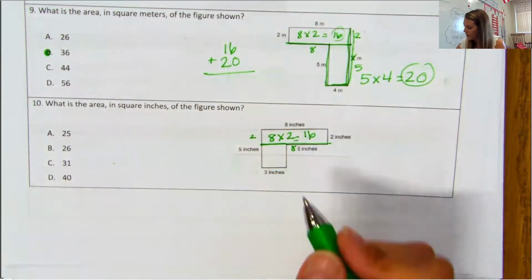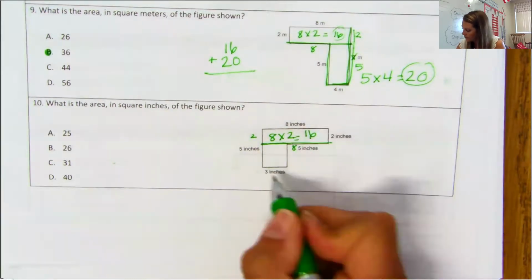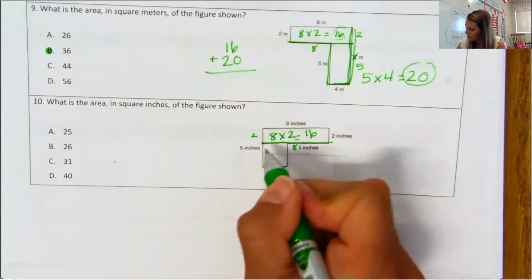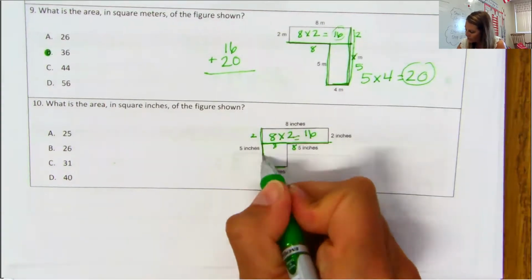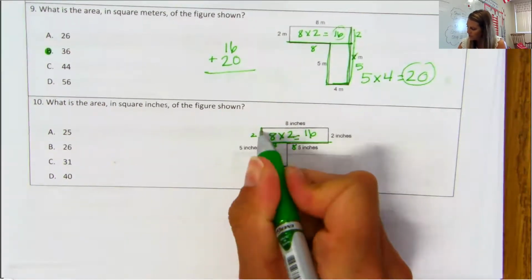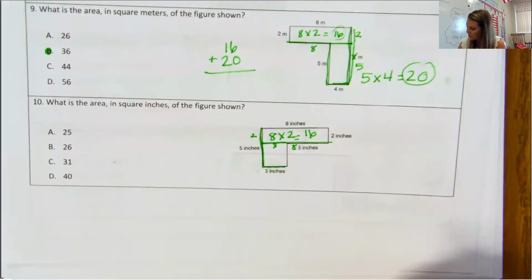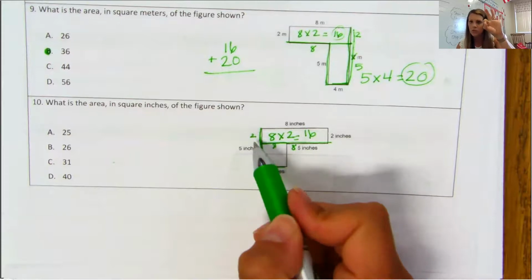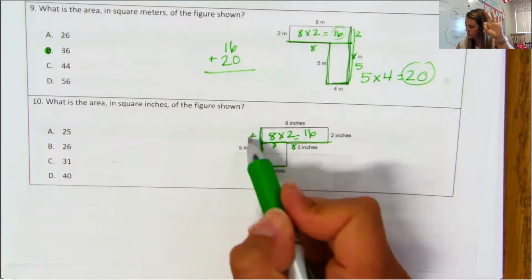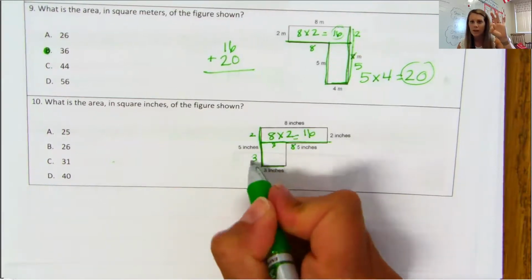So now, if I look here, I've got 3. So I know this has to be 3. Well, they said this whole thing is 5. So if this whole thing is 5, and I already came up with 2, what would go here? 3, right?